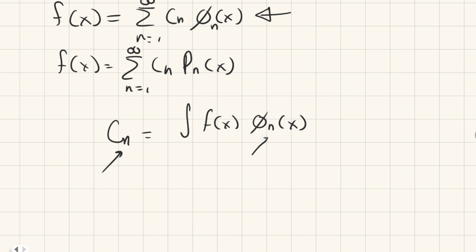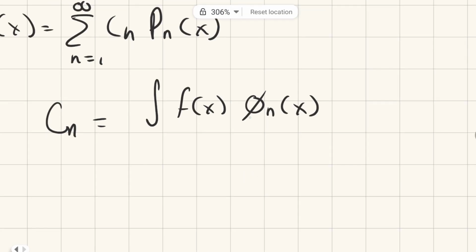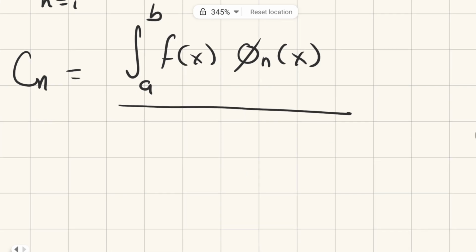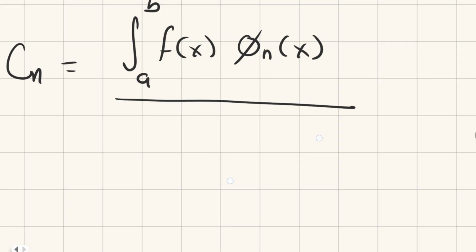Recall that we have the same index here and here. This is the inner product, and remember that we defined the inner product on a given interval, from a to b. And then this is divided by the norm of the orthogonal function that we are using, that is this phi sub n of x over here.